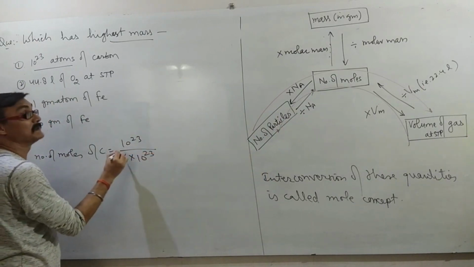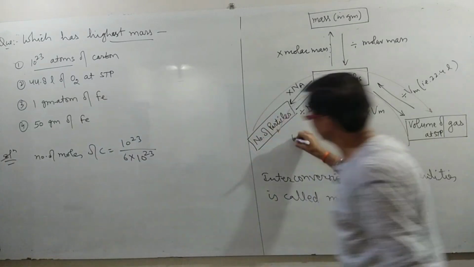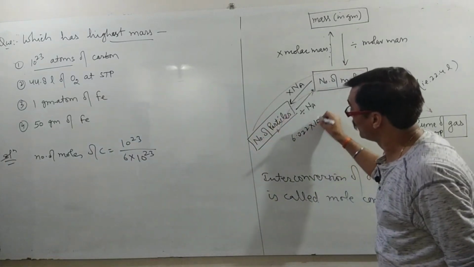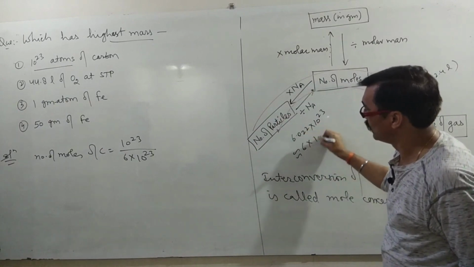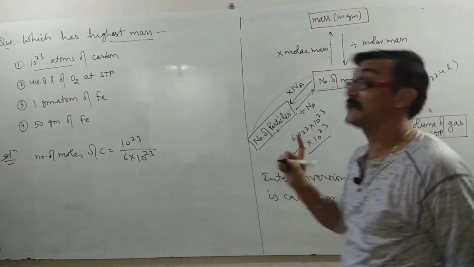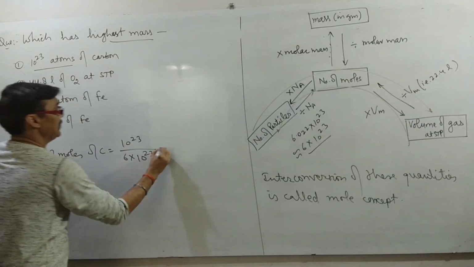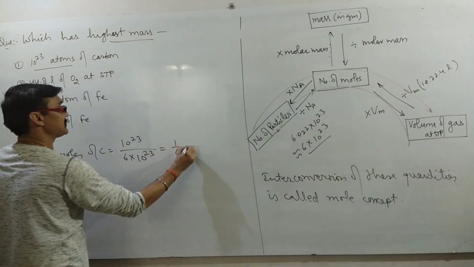It is approximation. 6.022 into 10 to the power 23 can be taken as 6 into 10 to the power 23 as approximation. So it is 1 by 6 mole.